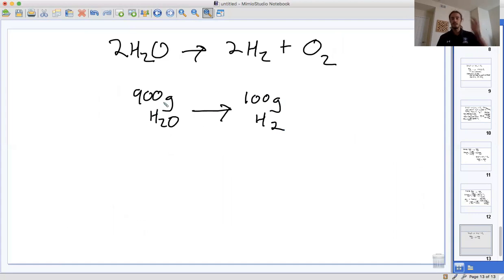And if all 900 grams are consumed, that means they're gone now, right? So we should still have 900 grams of something, right? So if we get 100 grams of H2, that also means we'll have 800 grams of O2. So that's mass to mass problems, all right?